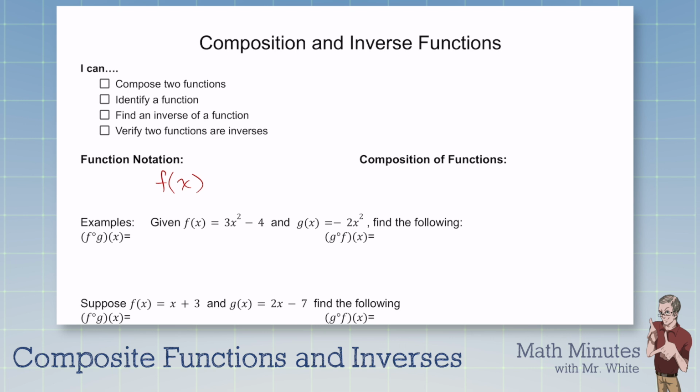Now composition is where we're going to take one function and we're going to put another on the inside of it. So this would be pronounced f of g of x. There's a second way to write it, however. We write f composed of, with a little circle like that, g.